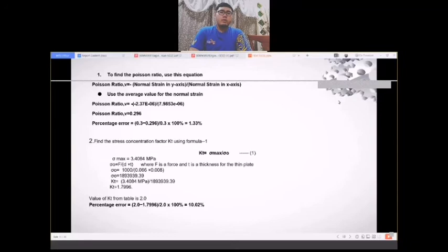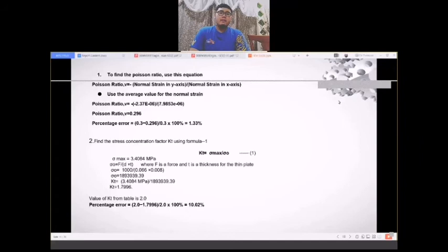And after that, we can find the stress concentration factor, KT, using the formula KT is equal to stress maximum over stress not. We can find from Ansys that stress maximum is equal to 3.4084 megapascal, and the formula for sigma naught is equal to F over D times T. D is what we assume in this equation, and T is 8 millimeter that we assume too.